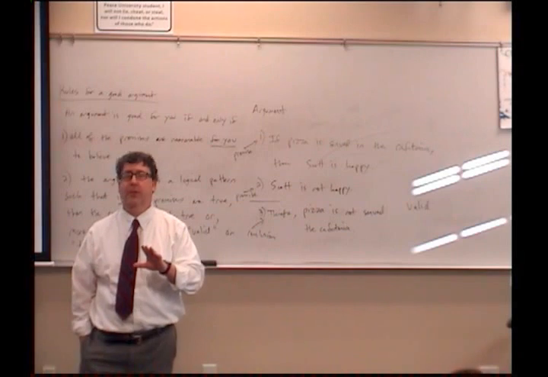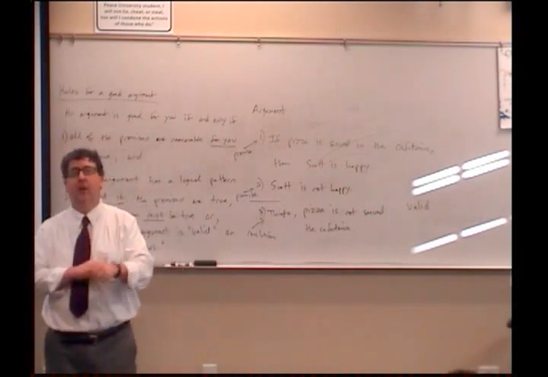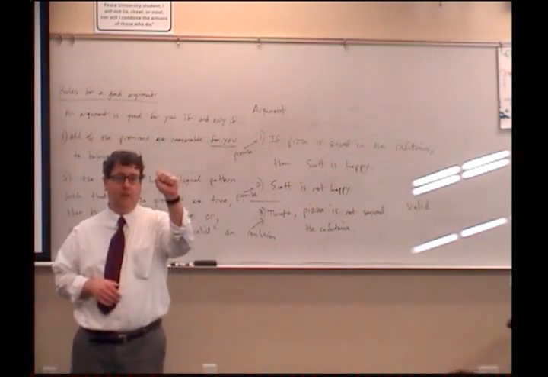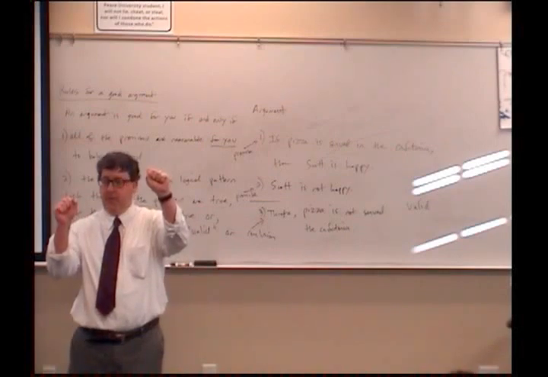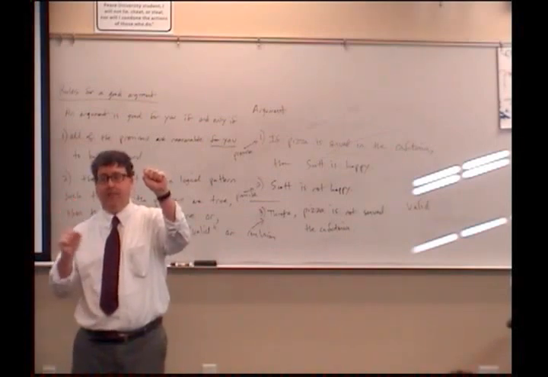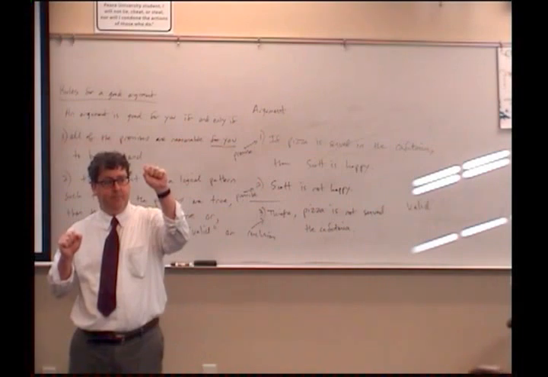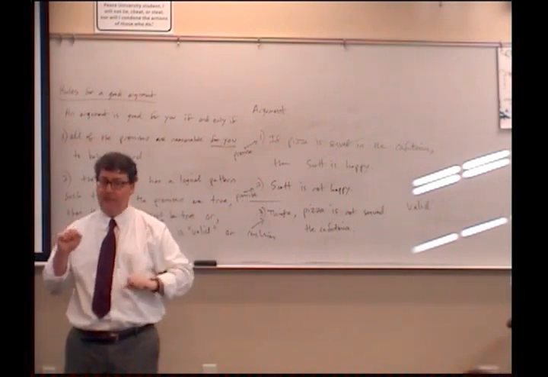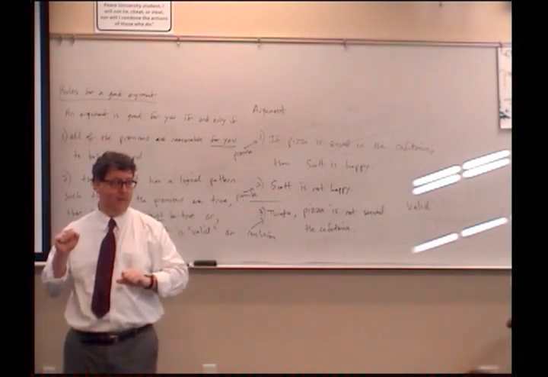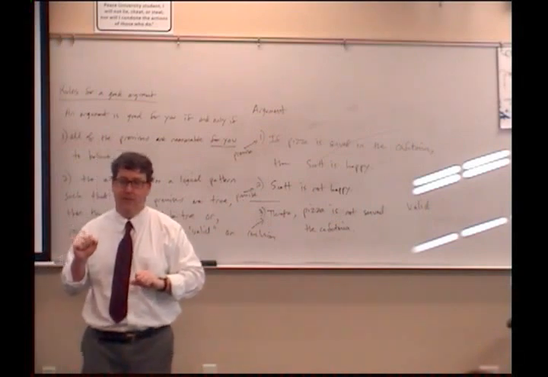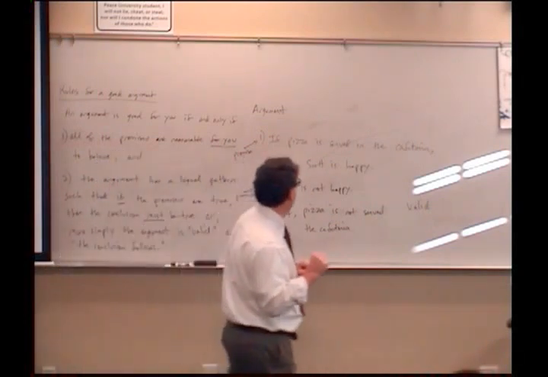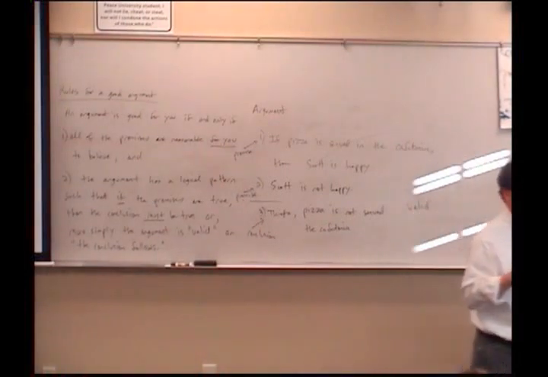All right, so what's premise 1 saying? Premise 1 is basically saying whenever there's pizza, he's happy. Then premise 2 says not happy. Well, if I'm not happy, then there can't be pizza. All right, so let's think about that again. Let's see if I can put it to you in a different way.